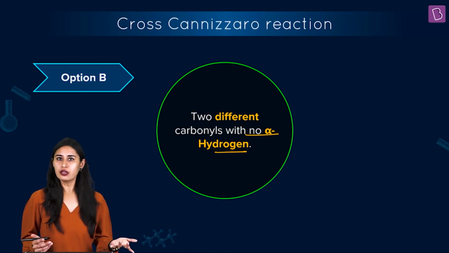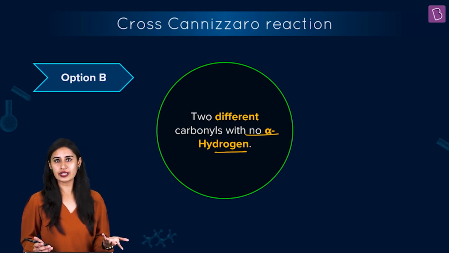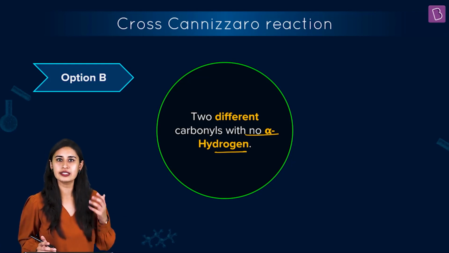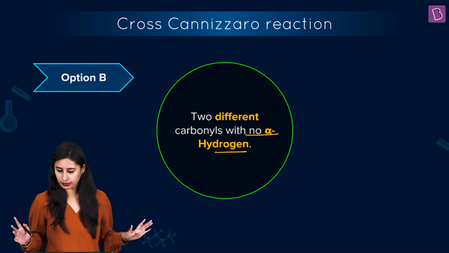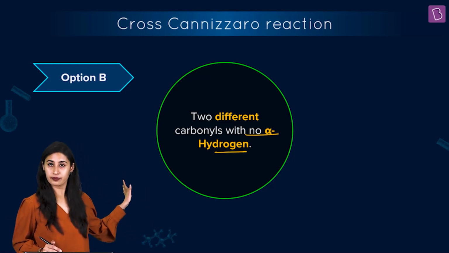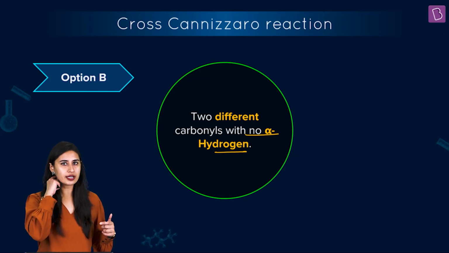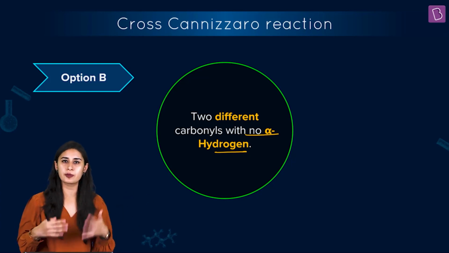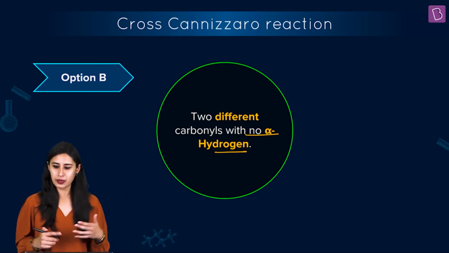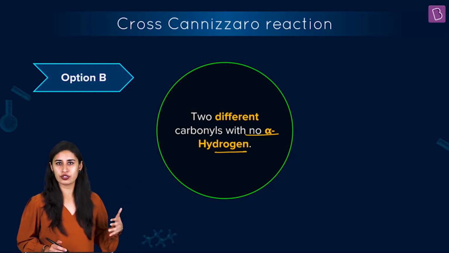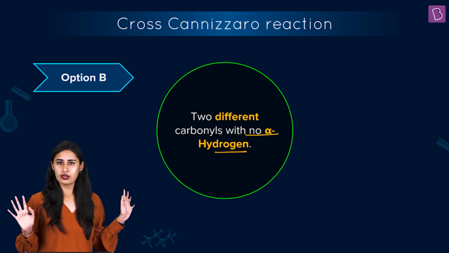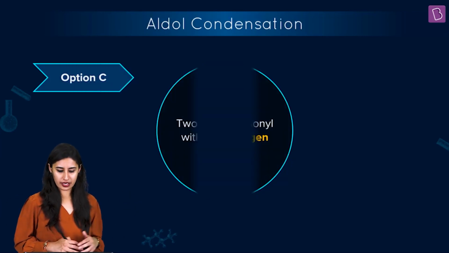So again, no alpha hydrogen, that's not the case. Acetophenone does have alpha hydrogens. So cross Cannizzaro is also ruled out, isn't it? Here also there will be disproportionation that will happen. There's no such self-oxidation reduction which is asked. So let's rule out option B as well.